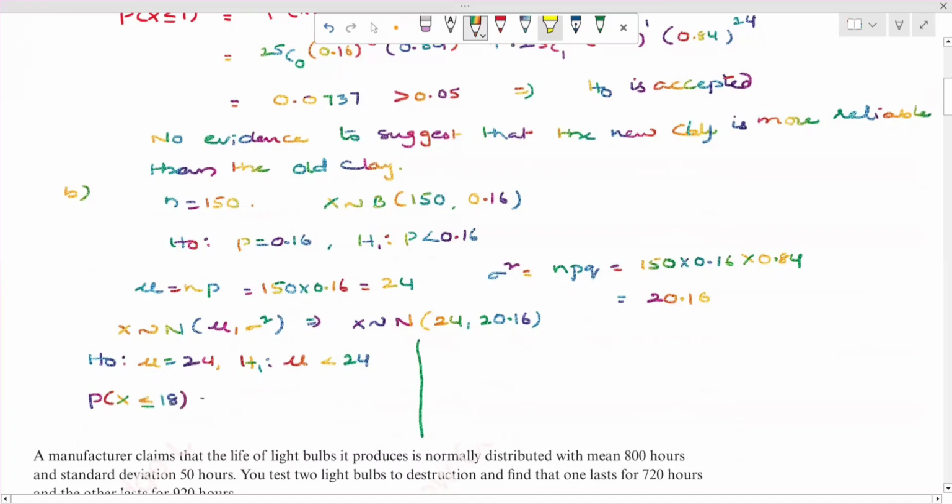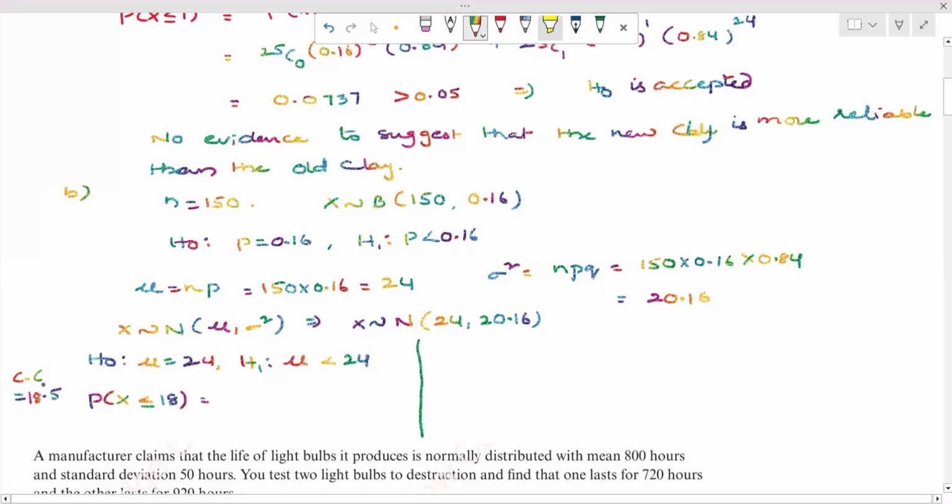Since this is normally distributed, you have to apply a continuity correction. What is the continuity correction here? If it is less than or equal to, the continuity correction is 0.5, which you should add. So in total it becomes 18.5.